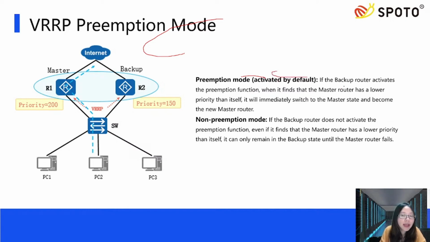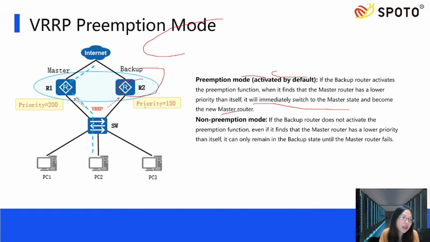So if the backup router has the preemption function activated and it finds the master has a lower priority than itself, it will immediately switch to the master state and become the master router.